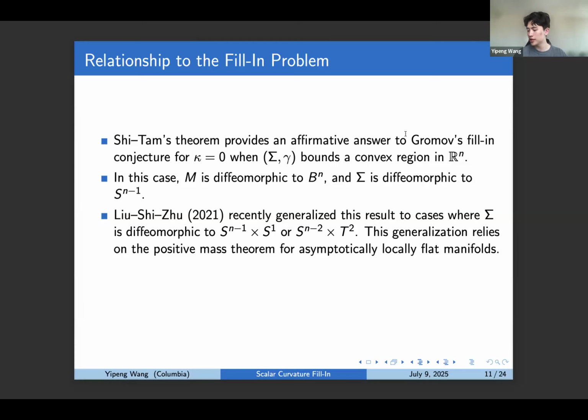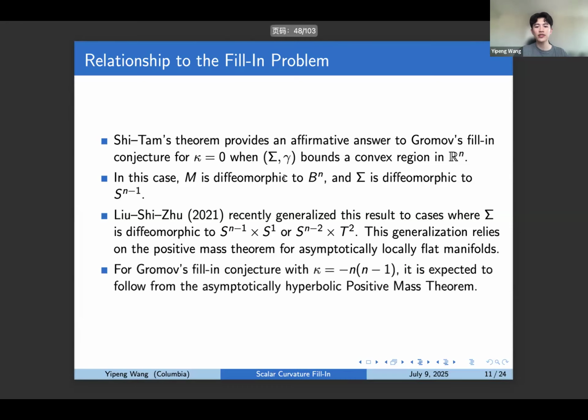Okay, so the way to do it is very similar, which just relies on the positive mass theorem, but not on an asymptotically flat manifold, but an asymptotically locally flat manifold. So the infinity sort of looks like these two things, a sphere cross a torus. Okay, so this is the case for asymptotically flat things.